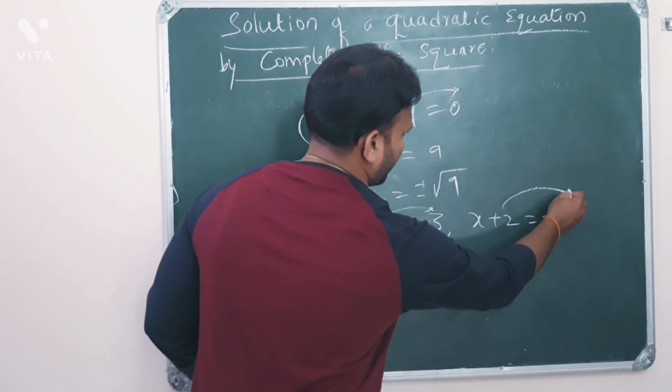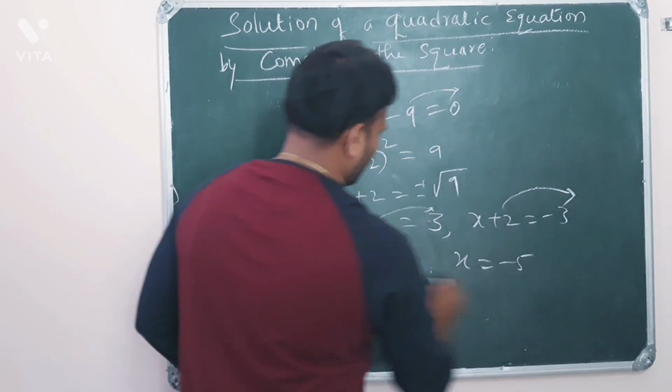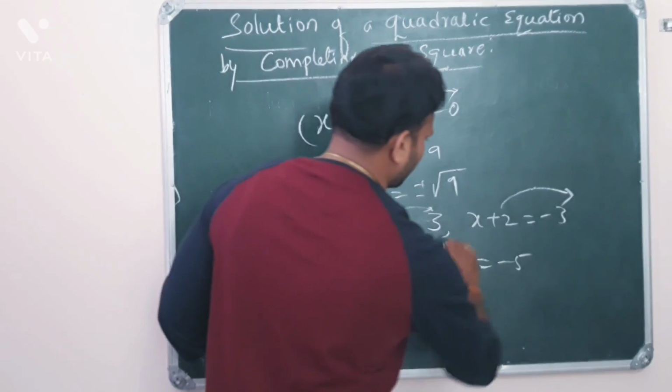And x is equal to minus 2 minus 3, that is minus 5. So these are the two roots we get.